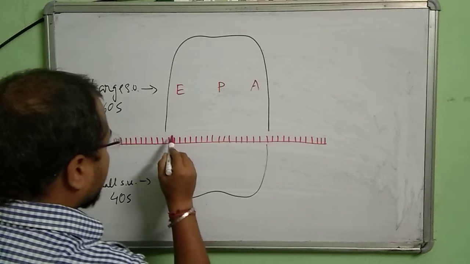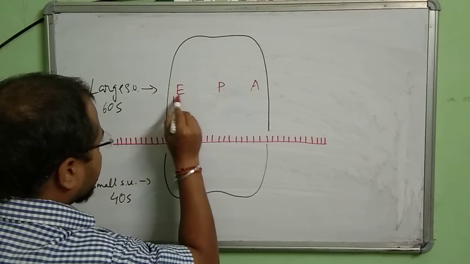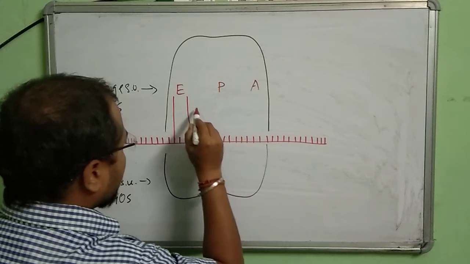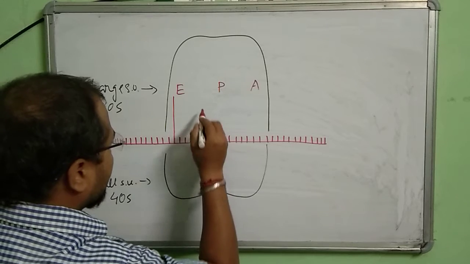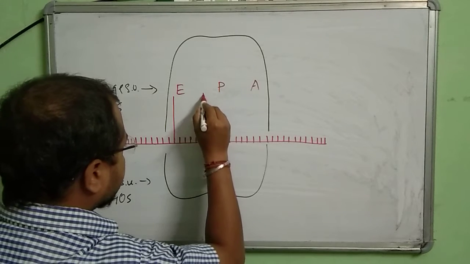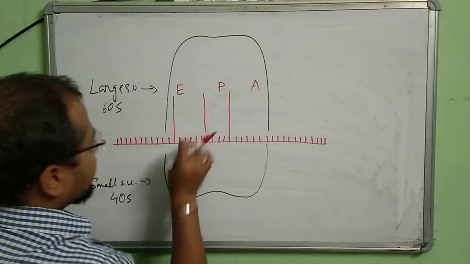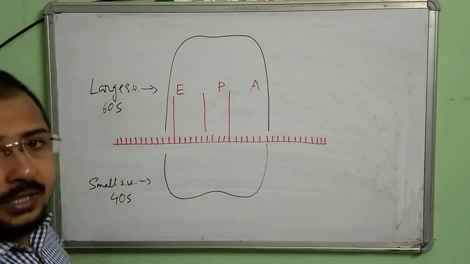This is the location here. You can think of this area as the E site. So this part is the E site, this is the P site, this is the A site in the ribosome.